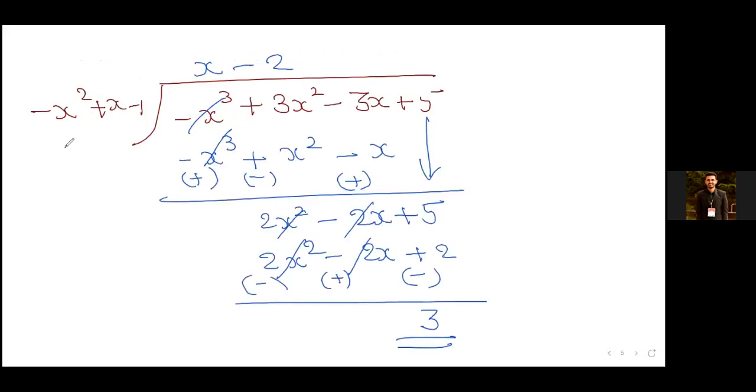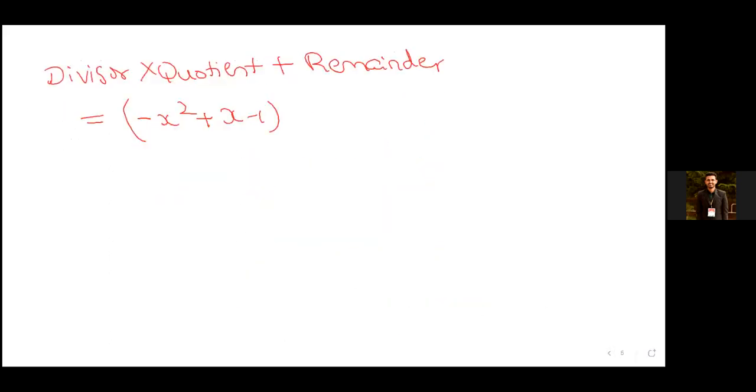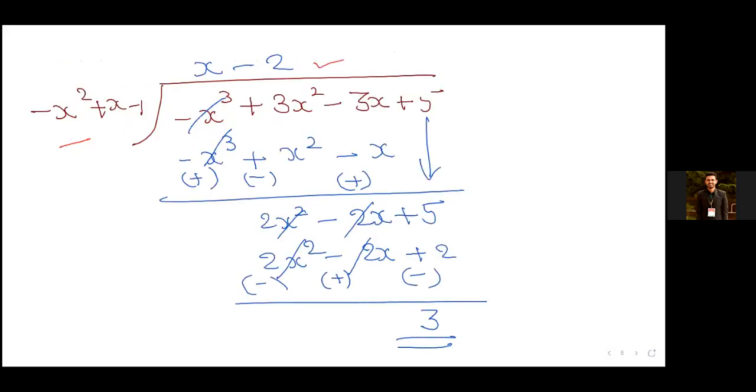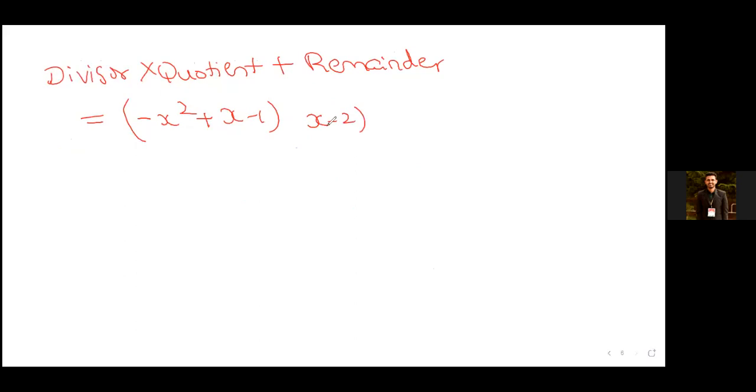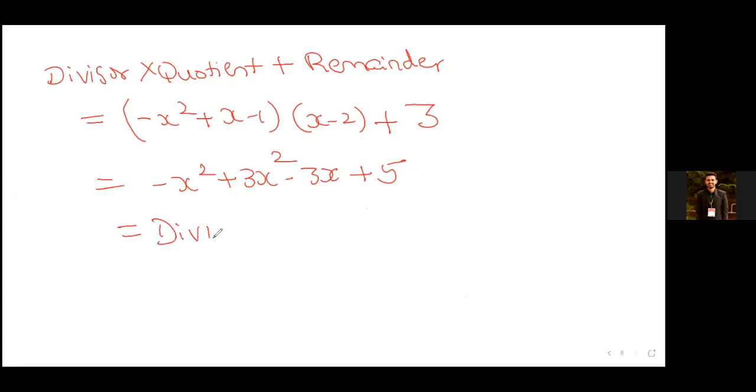Then the quotient we obtained here is x minus 2, and the remainder we obtained is plus 3. Just simplifying this, you will get minus x cube plus 3x square, sorry, minus 3x square minus 3x plus 5, which is nothing but the dividend.